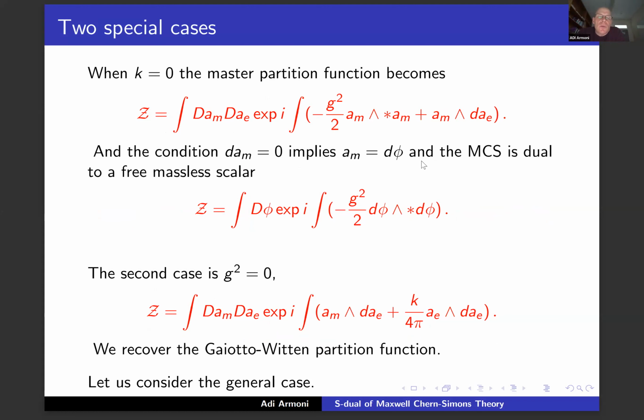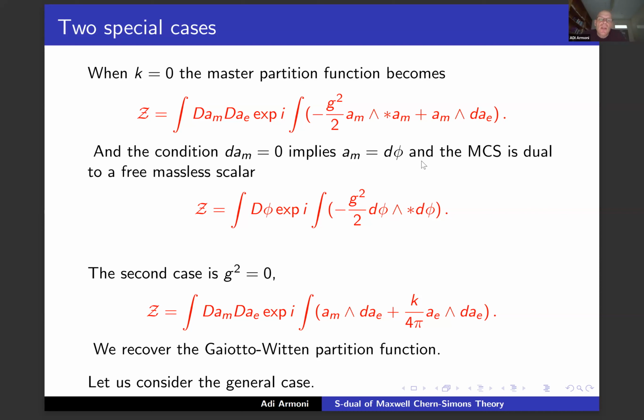So then what we get is a partition function of a free scalar. That means that the dual of Maxwell theory without a Chern-Simons term is a free scalar. So that's good. The master partition function for k equals 0 makes sense.